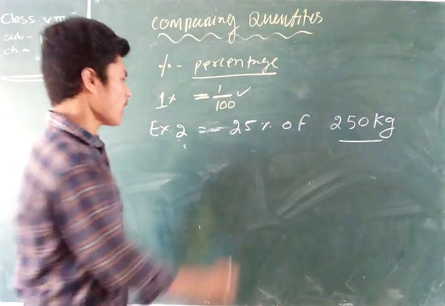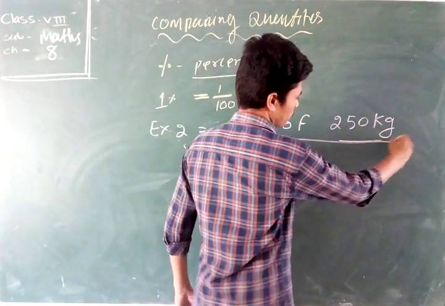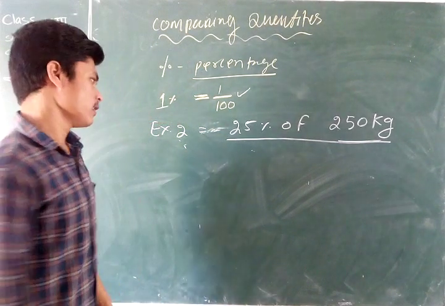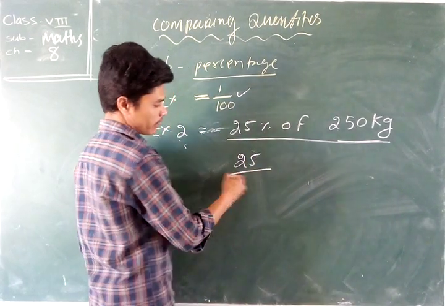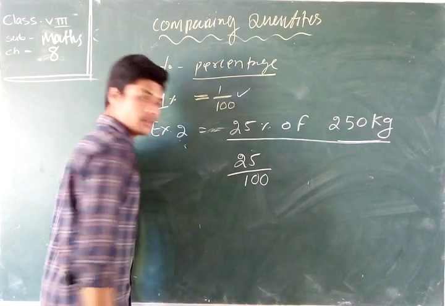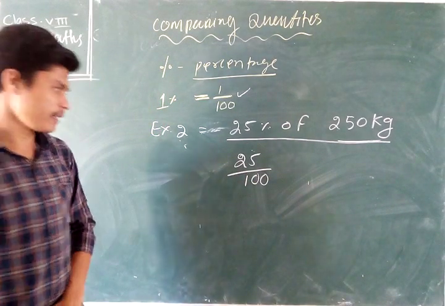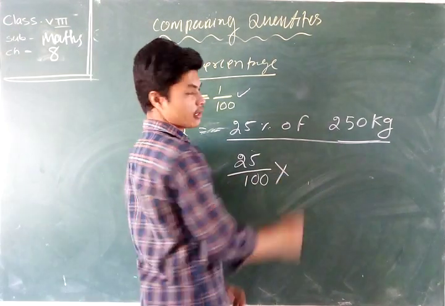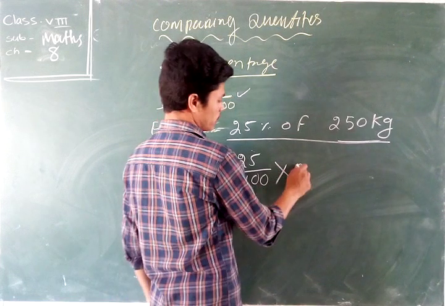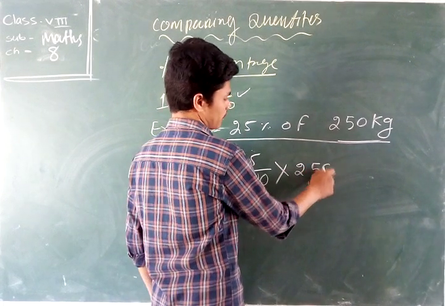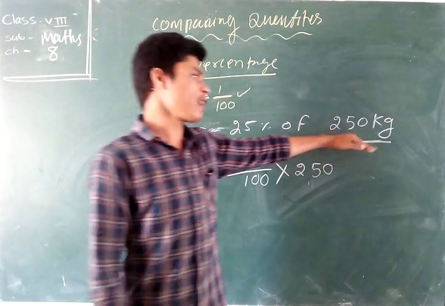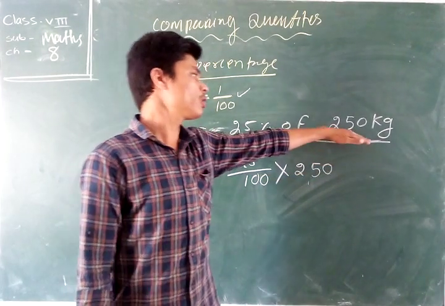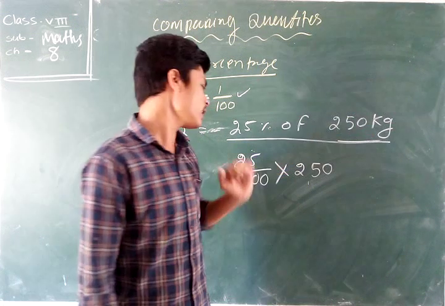So now find 25% of 250 kg. Here 25% is 25 by 100, into 250, because our question is asked about 25% of 250 kg.